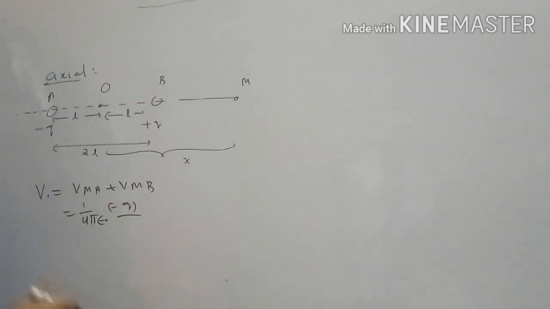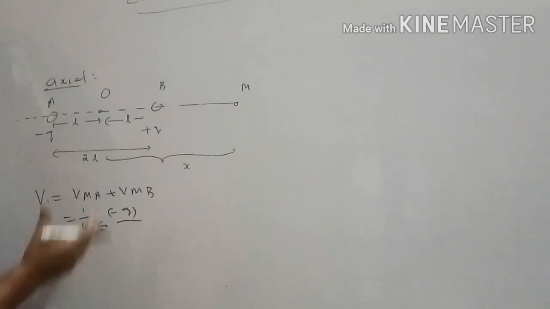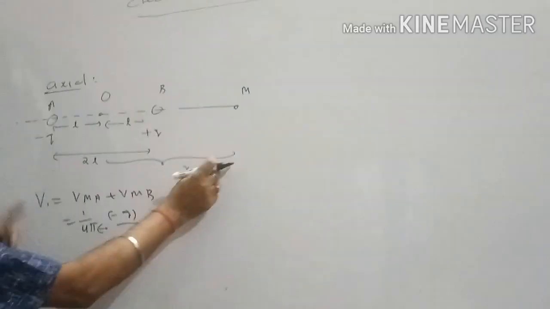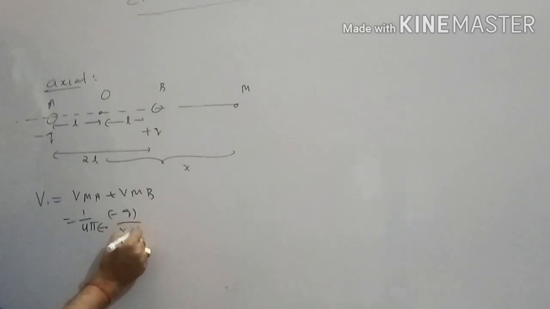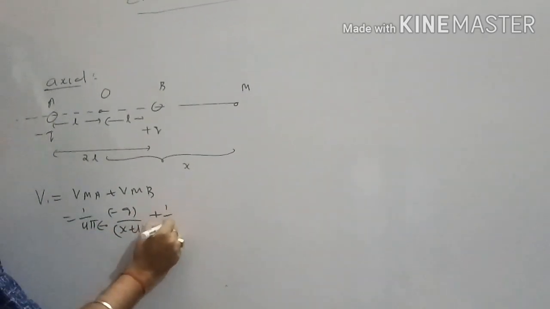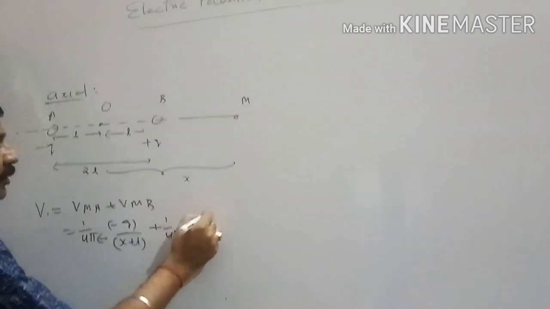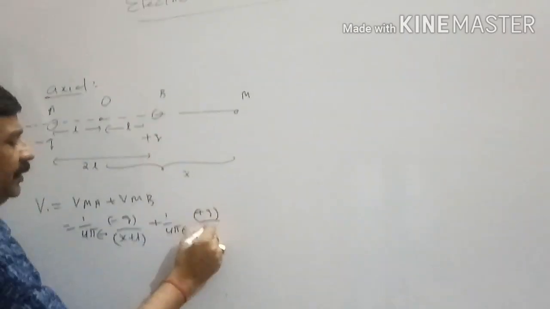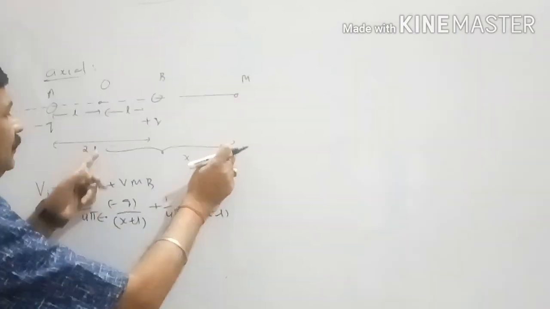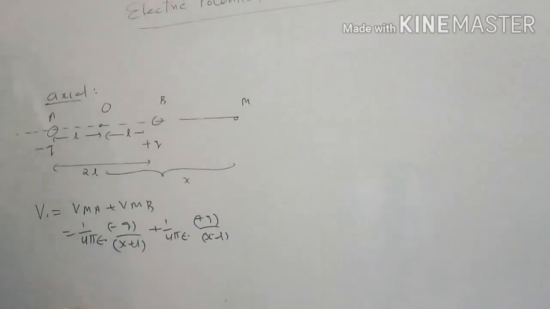Since potential is a scalar quantity, we take the charge with proper sign. This distance will be x plus L, plus 1/4 pi epsilon naught times Q upon x minus L.